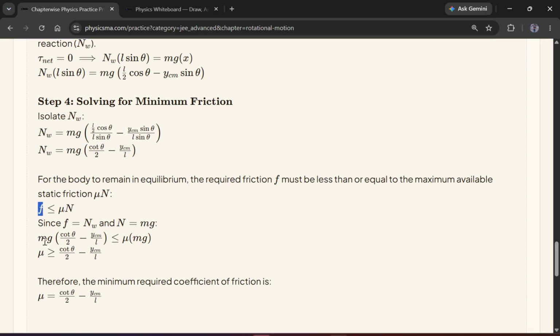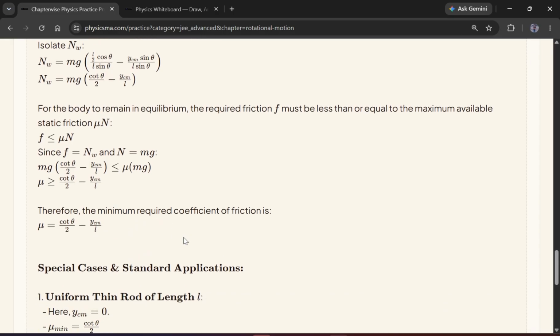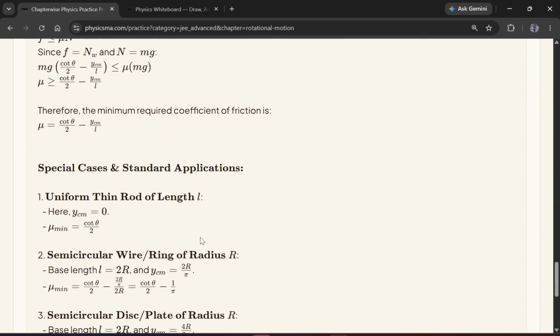So F is NW, which is equal to this one, less than or equal to mu into the normal. Normal is mg, and mg will be out, and mu is greater than or equal to cot theta by 2 minus YCM by L. That's it. Okay, this is a very interesting result. You have to remember this result, and that's the minimum required coefficient of friction: cot theta by 2 minus YCM by L. Okay, remember this result, because this result is going to be applied for many standard cases.